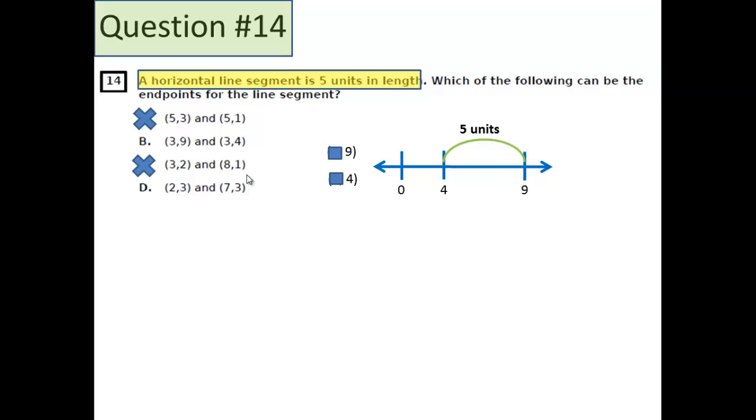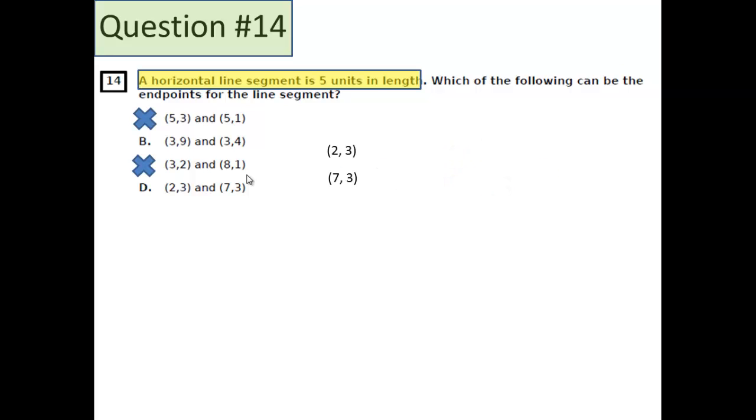You can't calculate this line segment, at least in 6th grade, with one straight line. You would have to jump a little bit. In this case, I think you would have to jump maybe once to the left and then up 5, but that doesn't count. It needs to be one straight line. You can't do letter C like that. Now let's check out letter D, because something very interesting happens here.